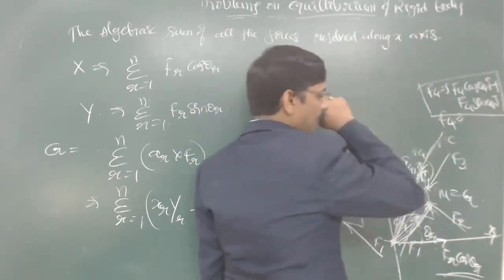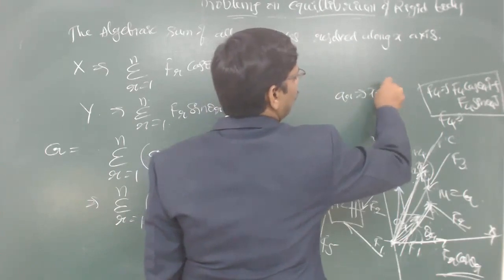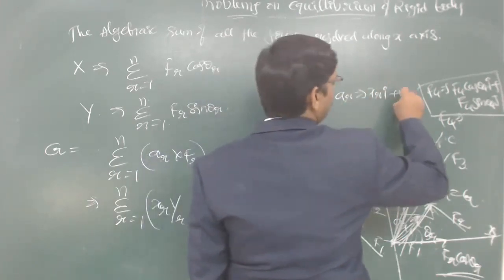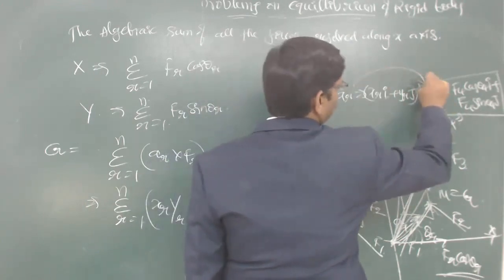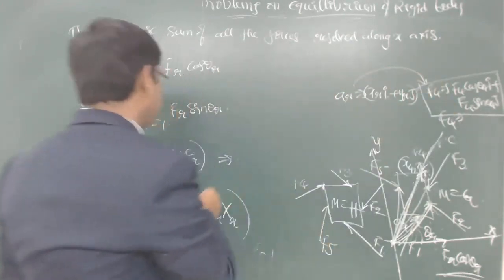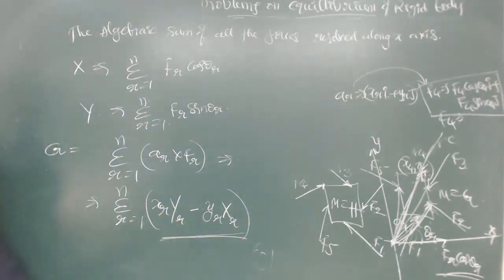Now if you do the cross product of AR equal to xr I plus yr J, and FR is this one, the cross product of this is going to be this one. Got it or not? I hope everybody understood this. Understood?